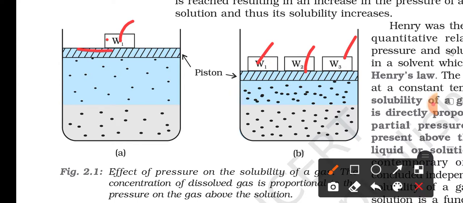Since the pressure is less here, gas molecules have more space, so they don't dissolve completely. But here there is too much weight, so pressure is more, so the gas is compressed and it dissolves in water very easily.